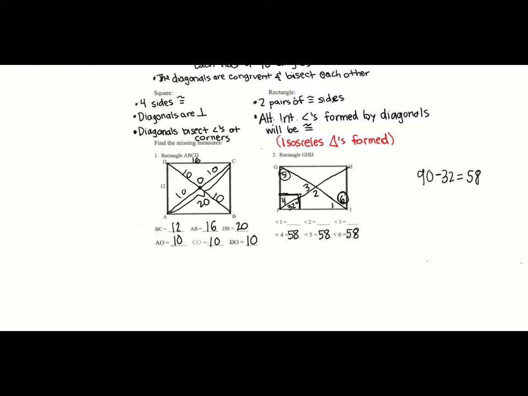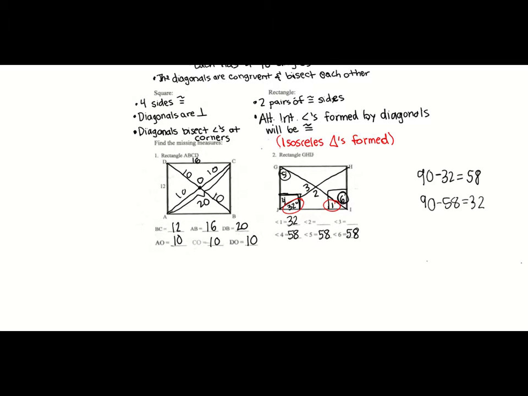And then if we know that 6 is 58, this whole thing again will be 90. 90 minus 58 gives us 32. So angle 1 is 32. Now to find angle 3 and angle 2, we know that these two angles right here are both 32 degrees.